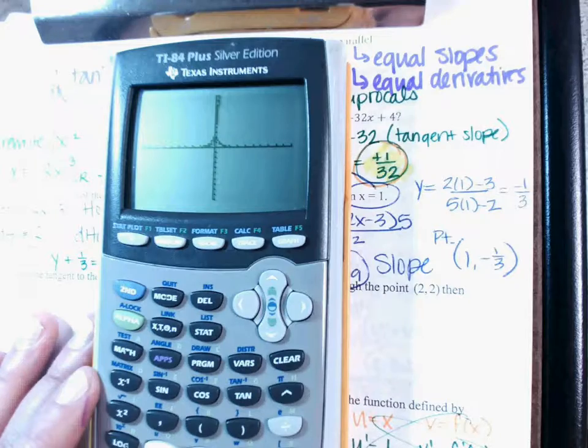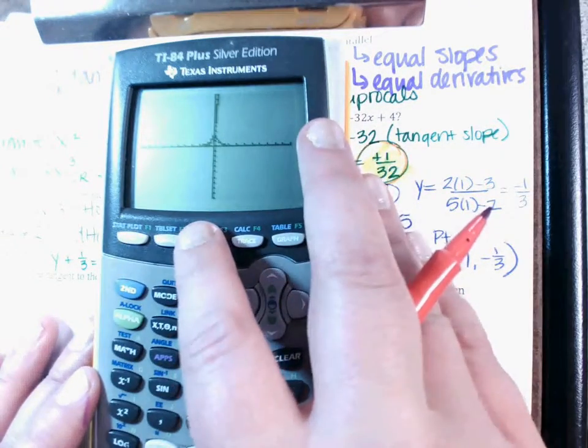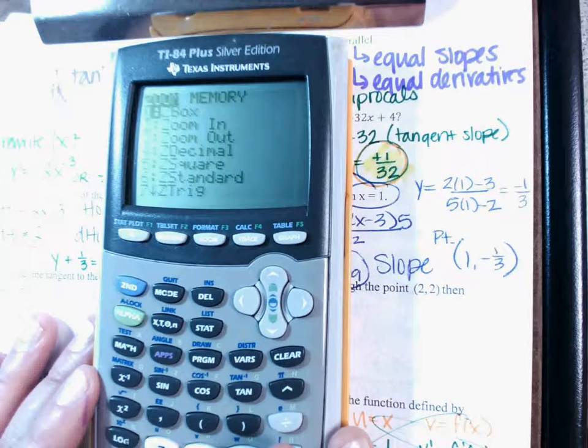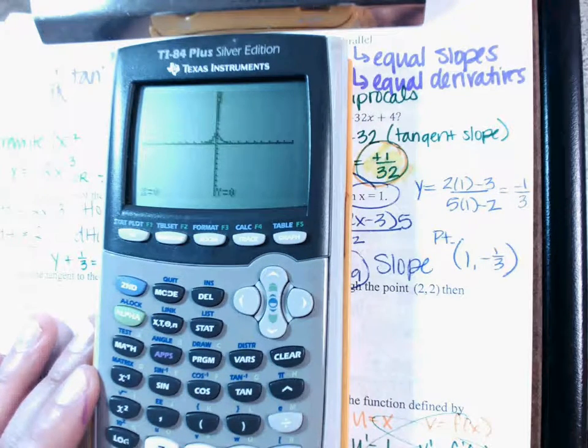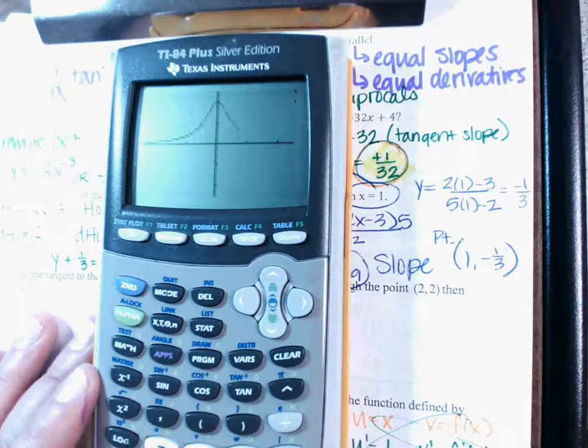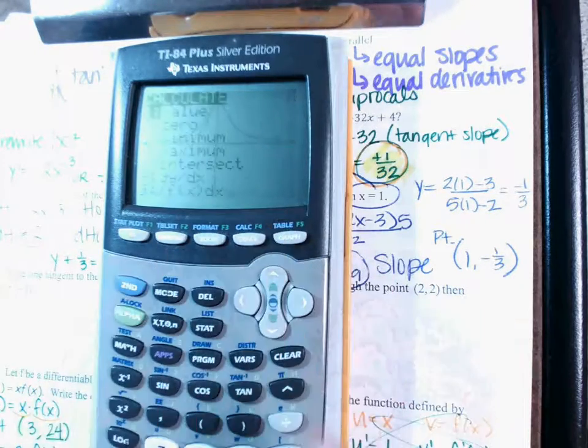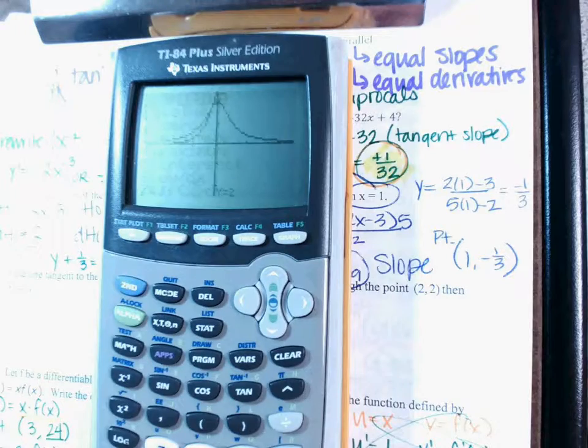Okay, and actually that's so zoomed out I have to just zoom right back in. So zoom in. Now look, watch. When I hit zoom in, nothing happens. What do I still have to push? Enter, or it's not gonna know. It's not gonna actually do the action. So there's my e graph. Second trace. I want the intersection 5.